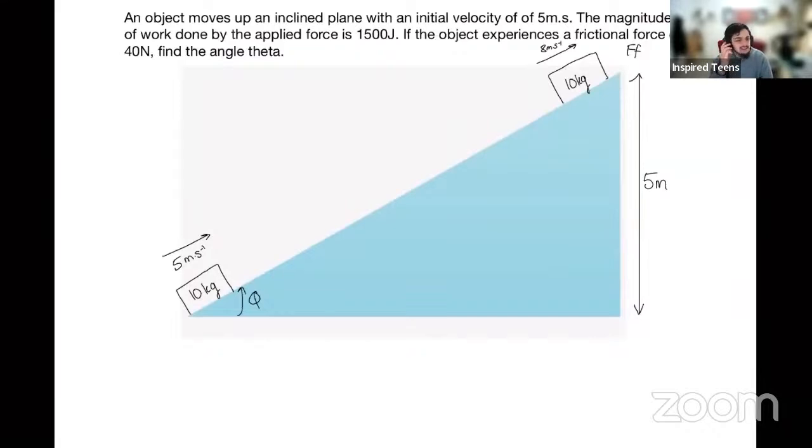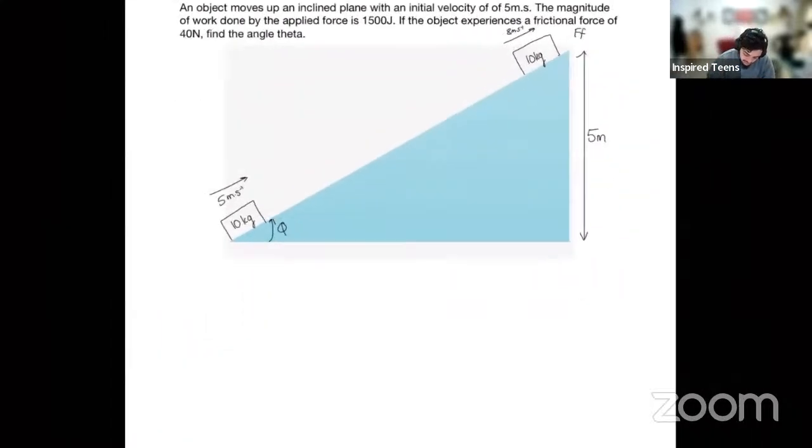So this is interesting. An object is moving up an inclined surface initially. They give us initial velocity, final velocity. They're giving us the magnitude of work done by an object. If the object experiences a frictional force of 40 newtons, find angle theta. Firstly, this entire motion has friction.